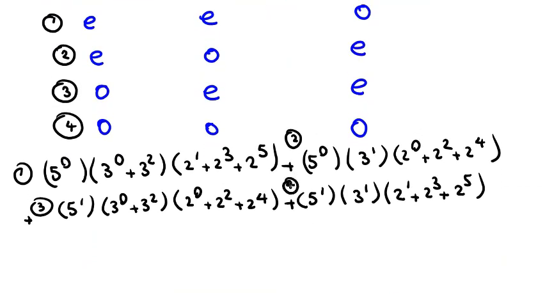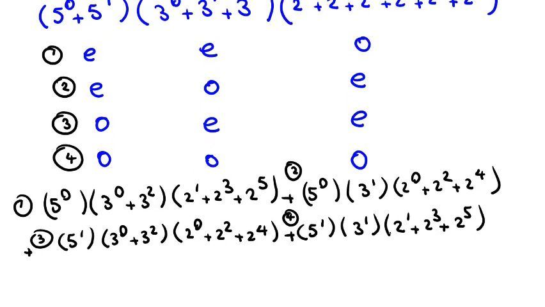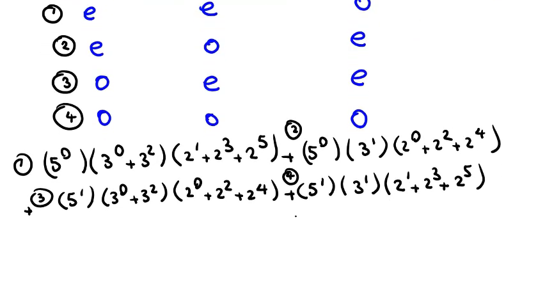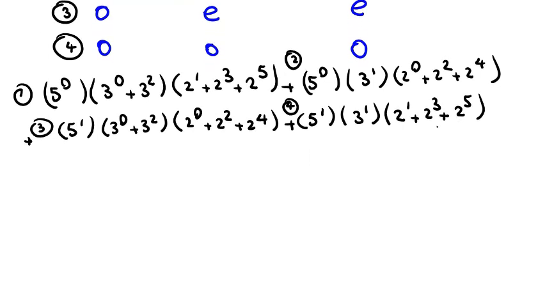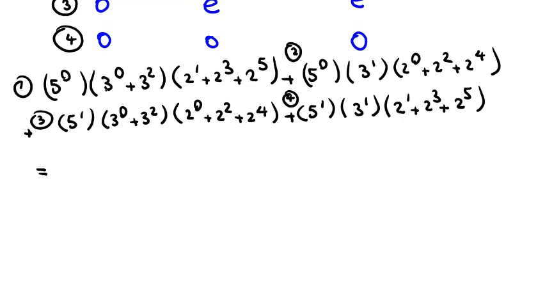The fourth part is odd, odd, odd: 3 to the power of 1, 2 to the power of 1, 2 cubed, and 2 to the power of 5. So we should calculate: 1 plus 9, 10, times 32 plus 8 plus 2, which is 42, because 32 plus 8 is 40, 40 plus 2, 42. This one, 1 times 3, it is what?